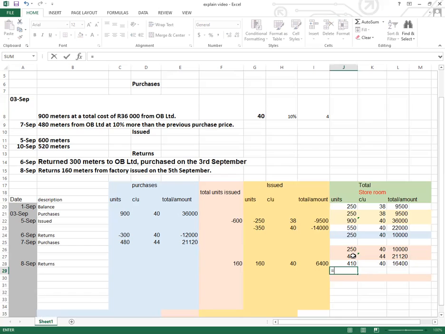And then this return doesn't affect these units of 480. The 480 units are not affected by this return.